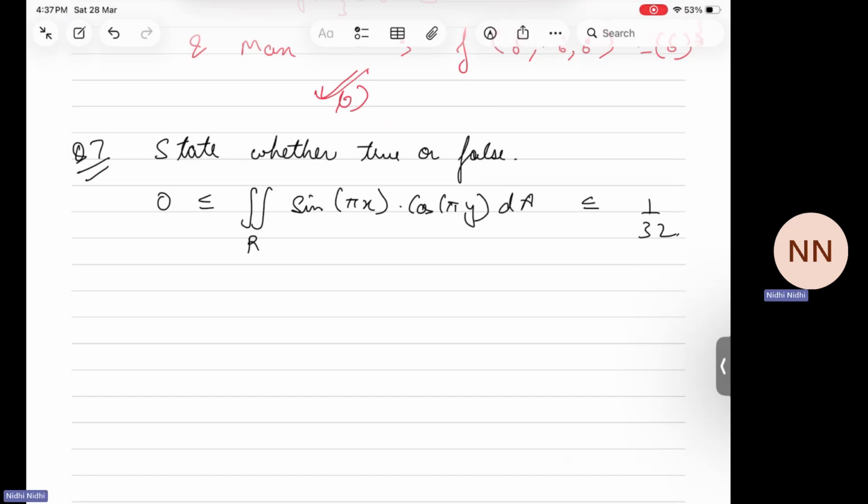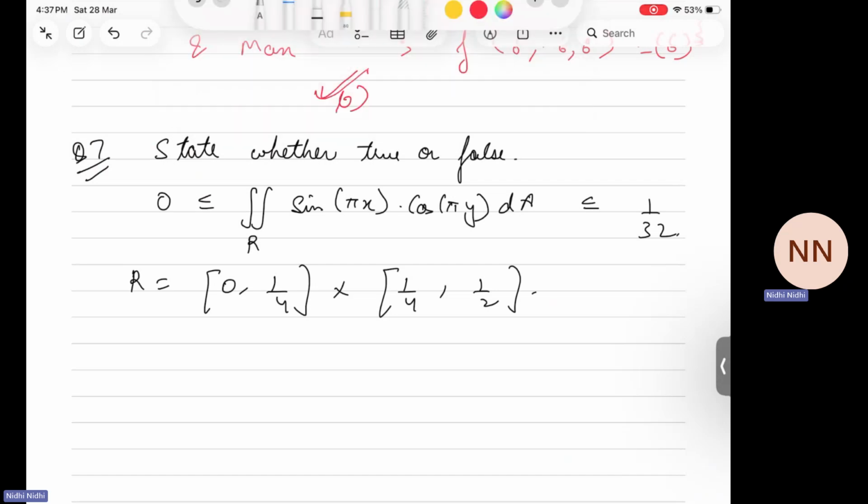So basically we need to see whether this integral lies between 0 and 1 by 32 or not, where R is [0, 1/4] cross [1/4, 1/2]. So let's firstly see what the value of this integral will be.